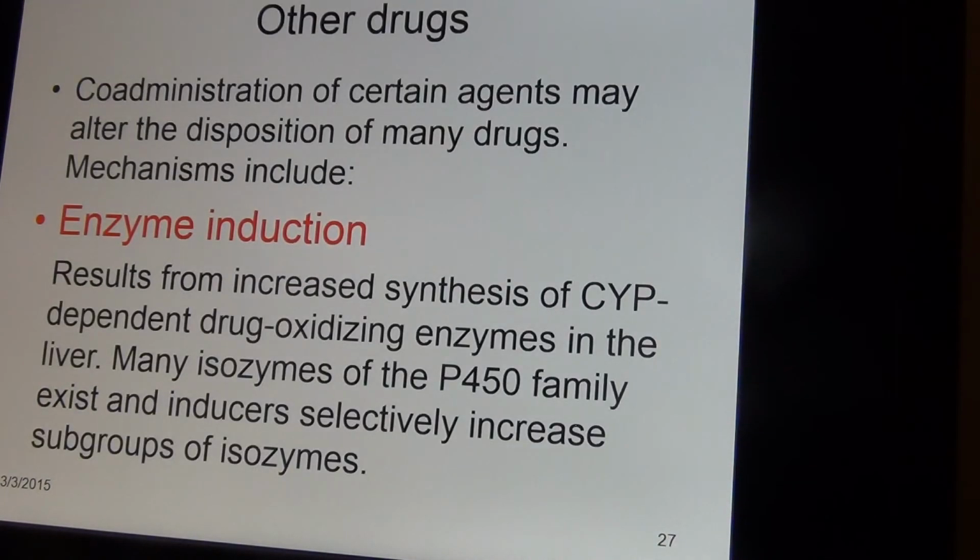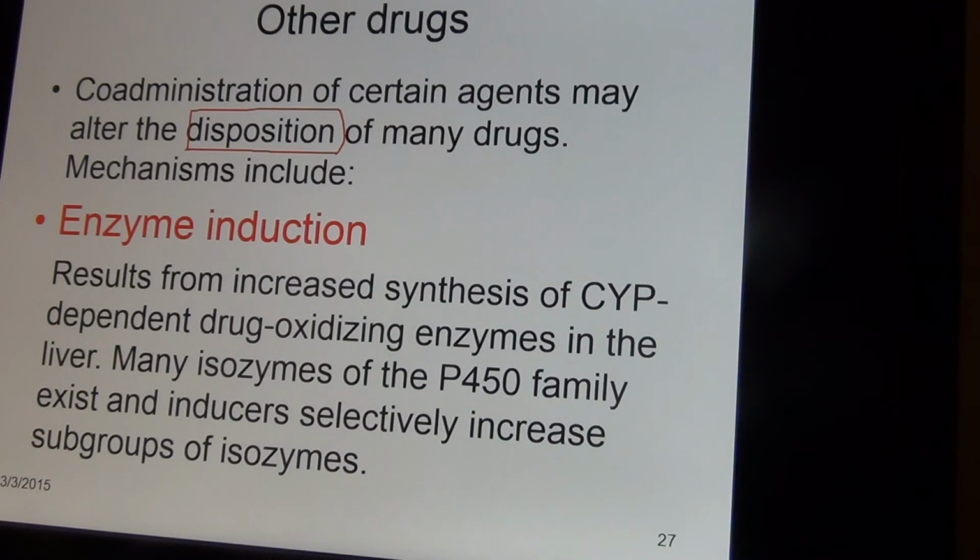Other drugs: co-administration of certain agents may alter the disposition of many drugs. When we talk about disposition, we usually talk about the metabolism or excretion of other drugs. So when you co-administer, or give at the same time, other drugs, it might alter the metabolism and excretion of other drugs.